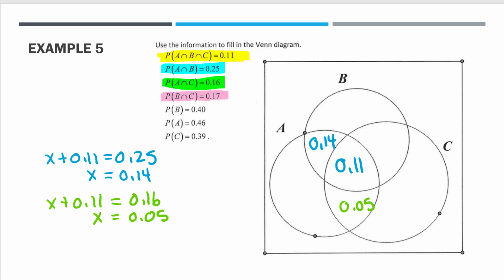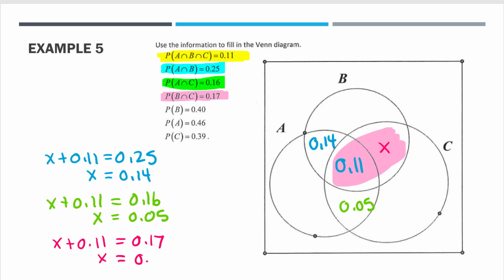The intersection between B and C is 0.17. So if I now change the position of my X again, X plus 0.11 is equal to 0.17.